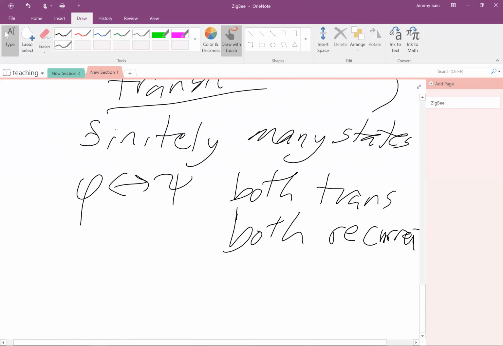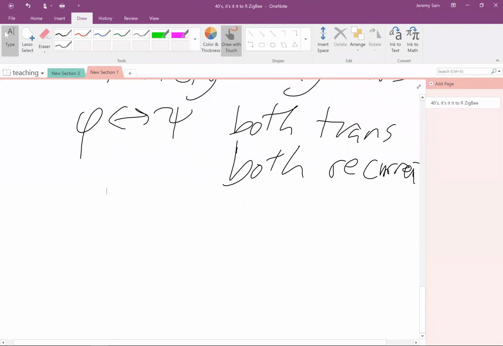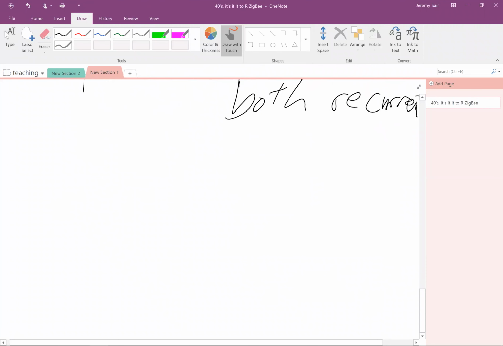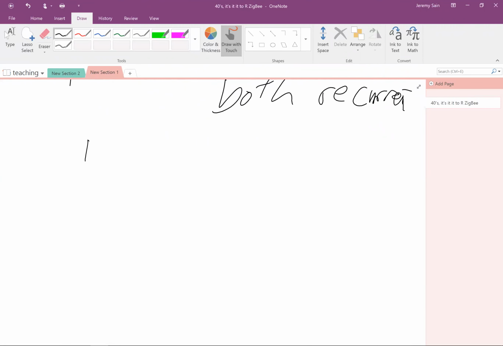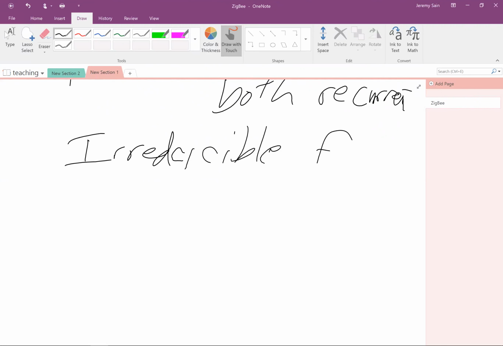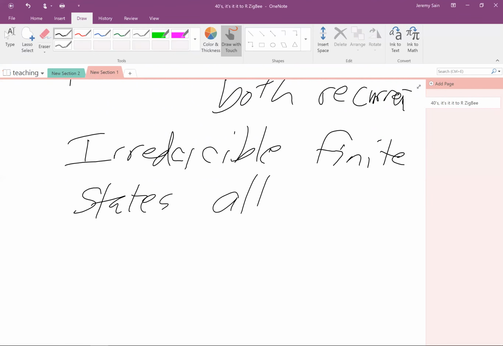If you keep coming back to phi and phi leads to psi, well, you're going to keep on hitting psi after you hit phi. And the same thing, if you keep on coming back to psi, then you're going to keep on coming back to phi too. So going back to our original problem, because it was irreducible and finitely many states, the first thing we see is that all states are recurrent.